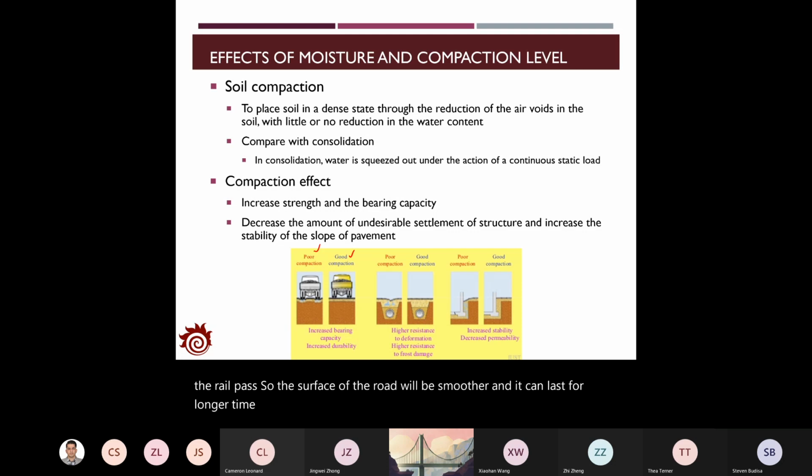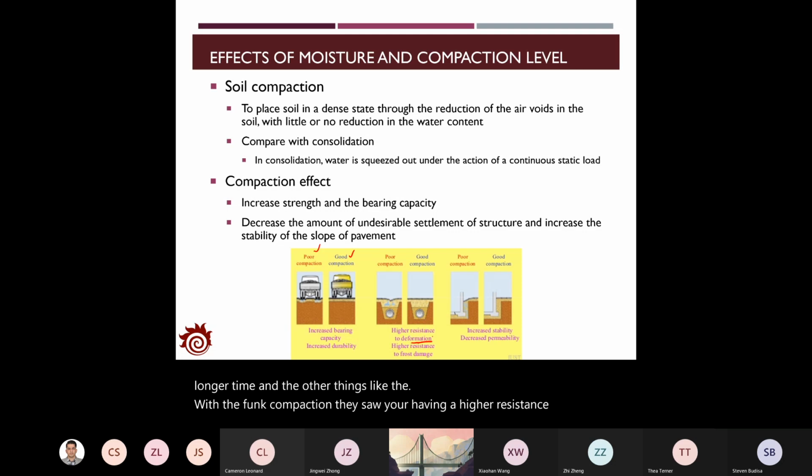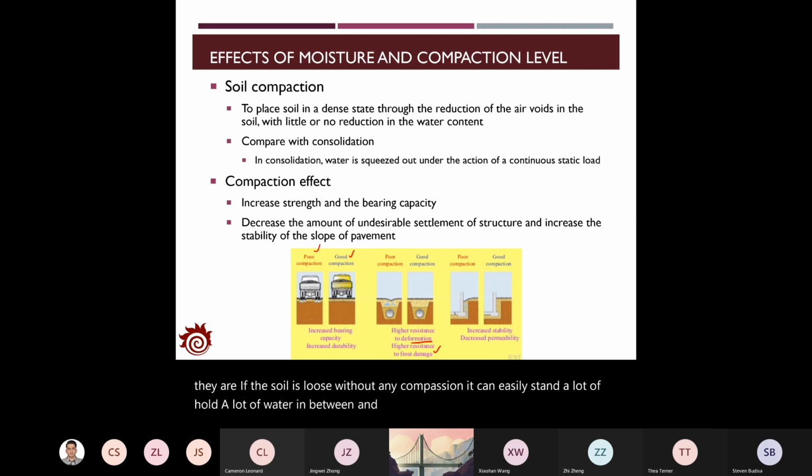And the other thing is that with the compaction, the soil will have a higher resistance to deformation and higher resistance to frost damage. So it means that if the soil is loose without any compaction, it can easily hold a lot of water in between, and then the stiffness of that soil would be small, and the shape of the soil can be easily changed by the repeated loads, so the deformation would be very large.